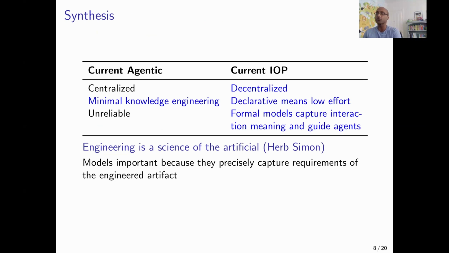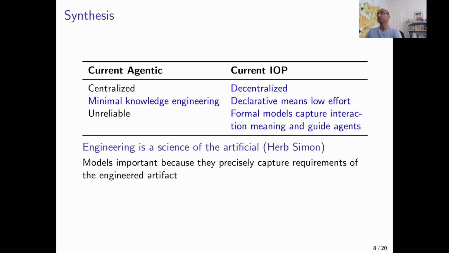There isn't a central goal of the system that has to be executed or addressed. Each party has their own goals. There is no workflow and so on. Current agentic is centralized. There is a task to be solved and the system is synthesized to address that task. Whereas IOP is decentralized. You have a model of the interactions, but what actually happens is up to the agents, who are designed independently.